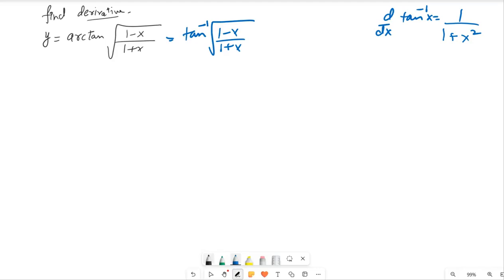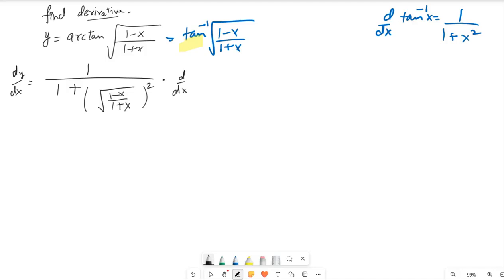So we need to find dy by dx, the derivative. The most outside function is tangent, so we're going to apply that. The derivative of tangent is 1 by 1 plus the square of whatever is inside, 1 minus x by 1 plus x, times the derivative of this.